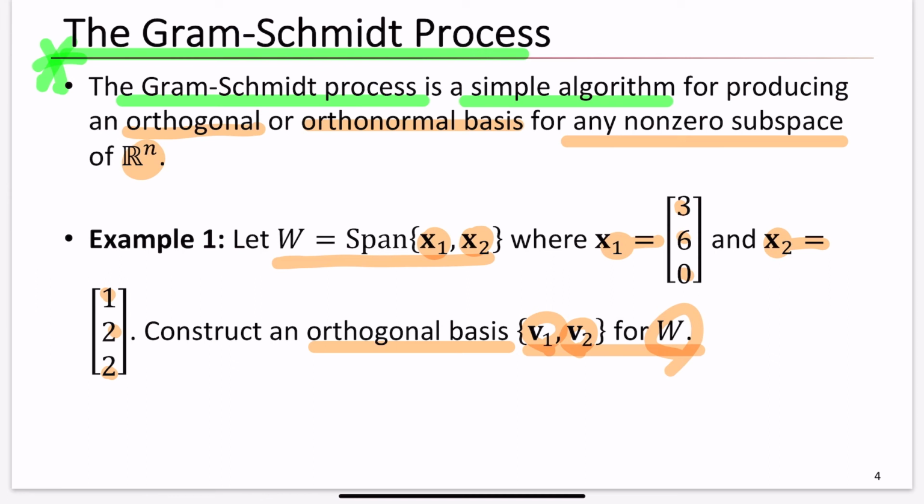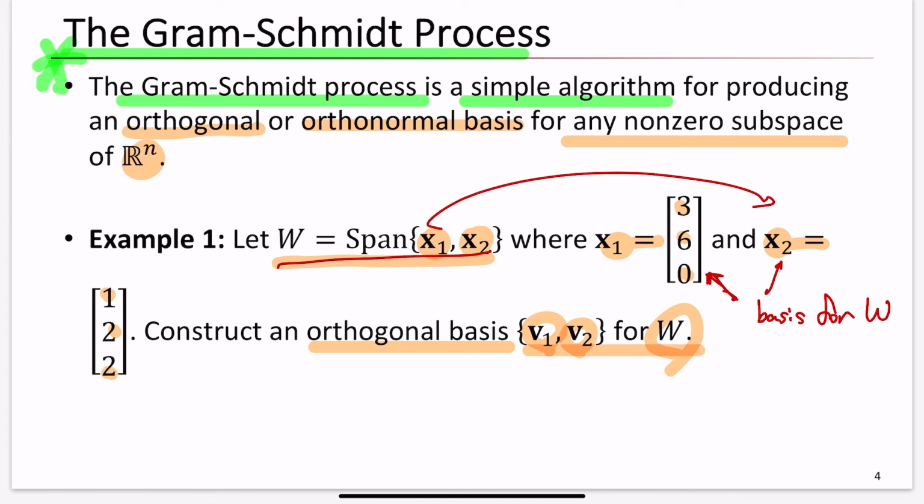So, first of all, x1 and x2 are a basis for W because W was spanned by x1 and x2, right? But they are not an orthogonal basis. Why?